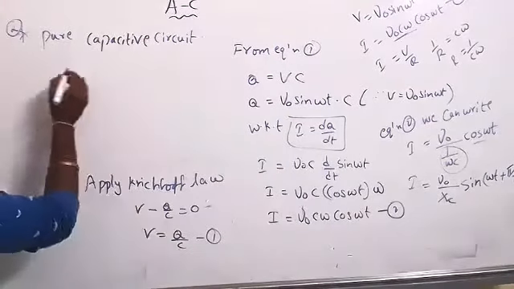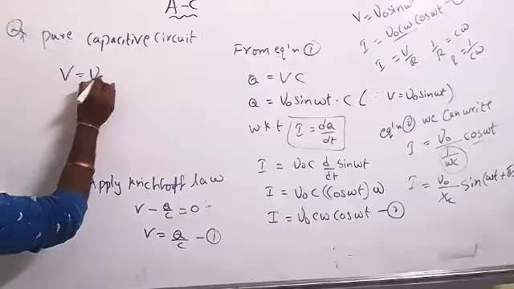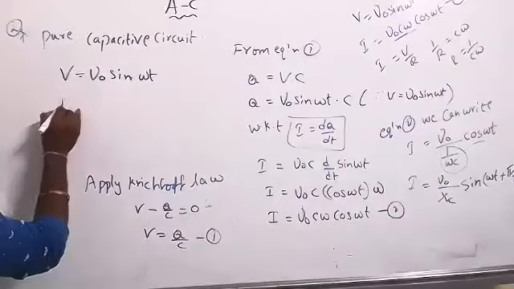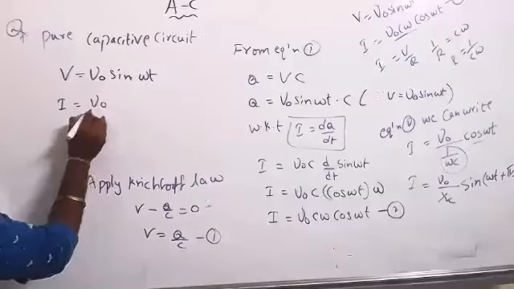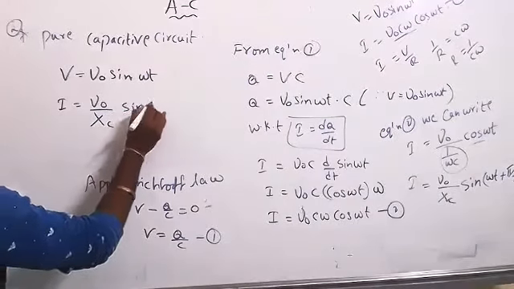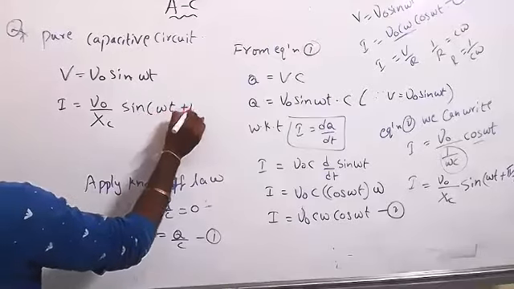Now see, how much input we gave? V is equal to V naught sine omega t. How much output did you get? I is equal to V naught by XC sine omega t plus pi by 2.